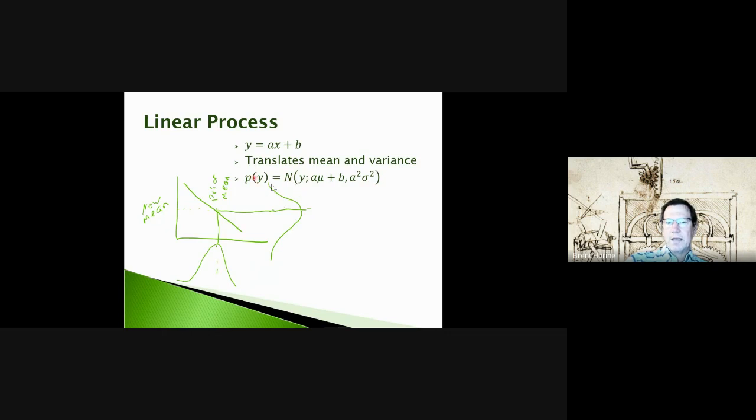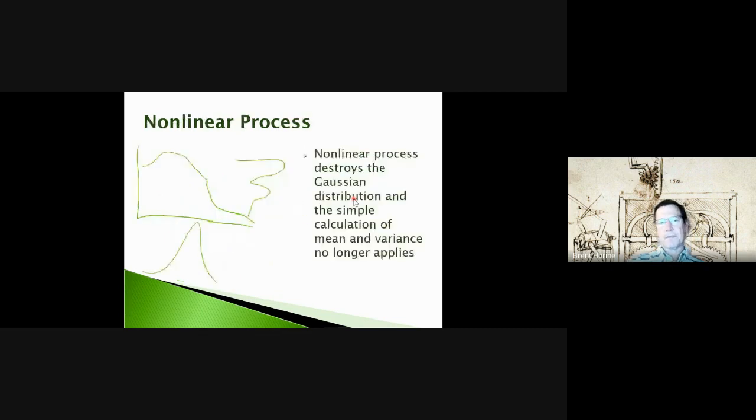So we've got now y as a variable instead of x, but we've taken that original mean and we scaled it by a factor of a, and added an offset to it, b, right? And we've scaled the variance by a squared, right? But it's still a normal process. We just need to update, right? So if we're going through this Kalman filtering process, we're just updating the mean and the variance through that, right?